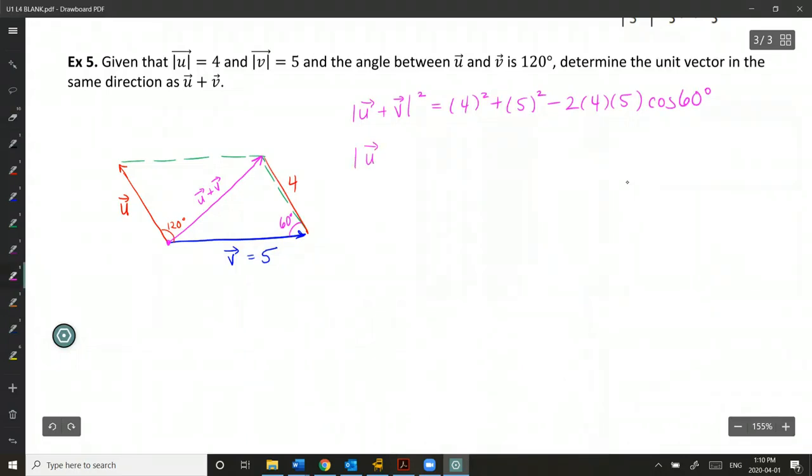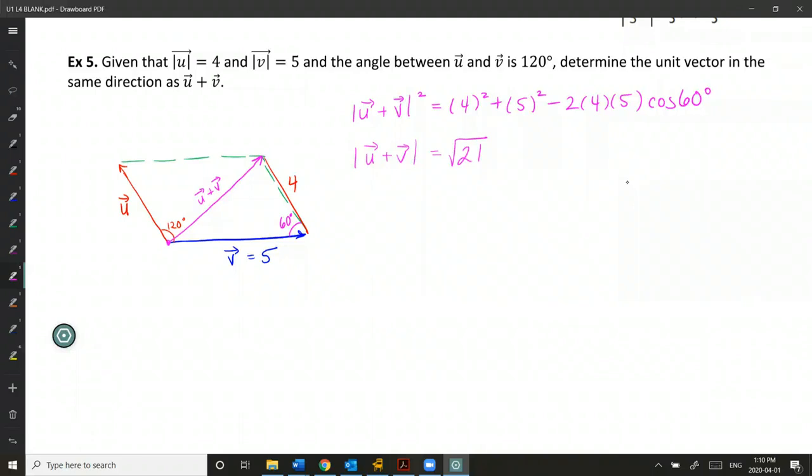You guys can take a second and pause the video, sub that into your calculator. So you should have got 21, and then I'm going to get rid of that squared by just square rooting here. So this is the magnitude of u plus v.